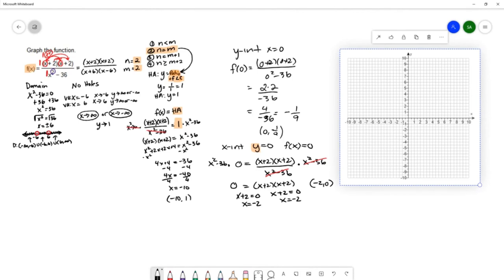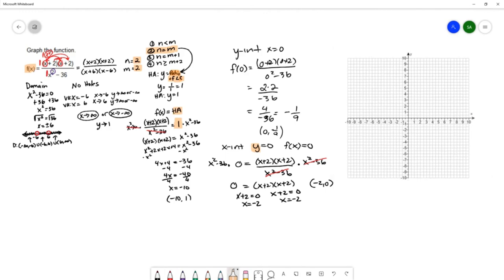We're going to start by marking out some of the information that we found previously. We found that we have two vertical asymptotes occurring at x equals negative 6 and x equals positive 6. So I'm going to mark out at x equals negative 6 a vertical asymptote. So I'm drawing a dashed line.